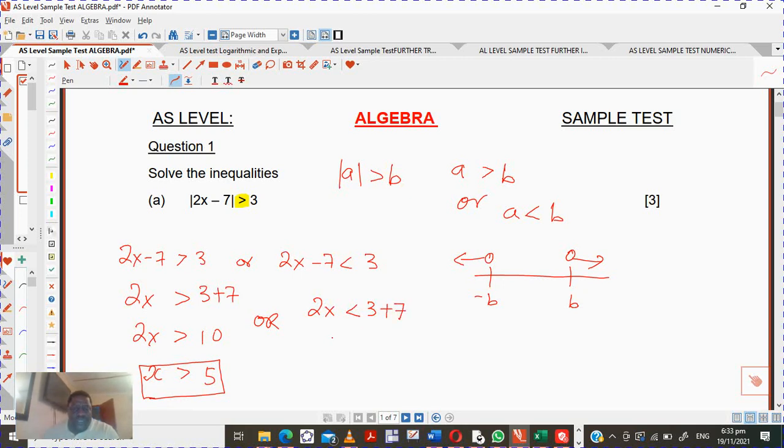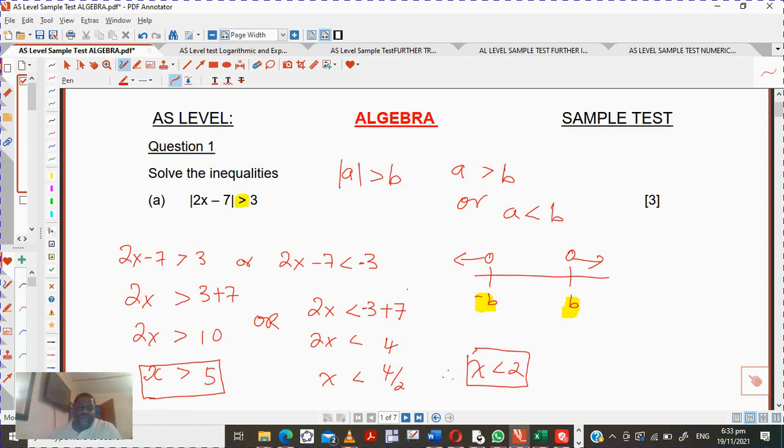Remember, it should be a negative 3 here, that is what I indicated when I spoke about this type of inequality. So 2x is less than 4, and then x is less than half of that, therefore x is less than 2. These are your two solutions.